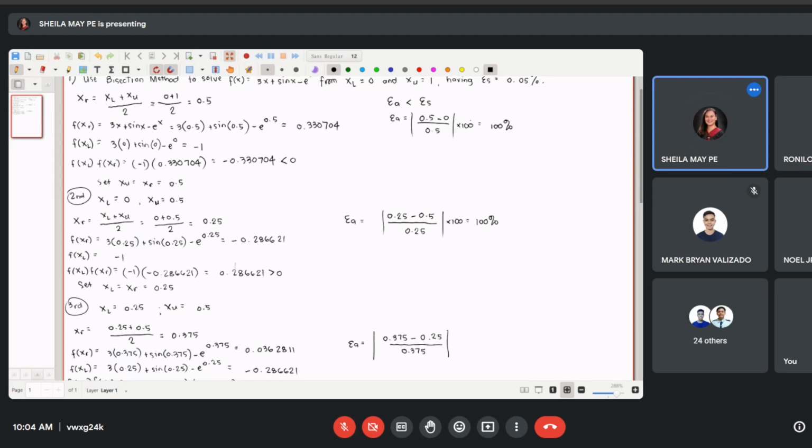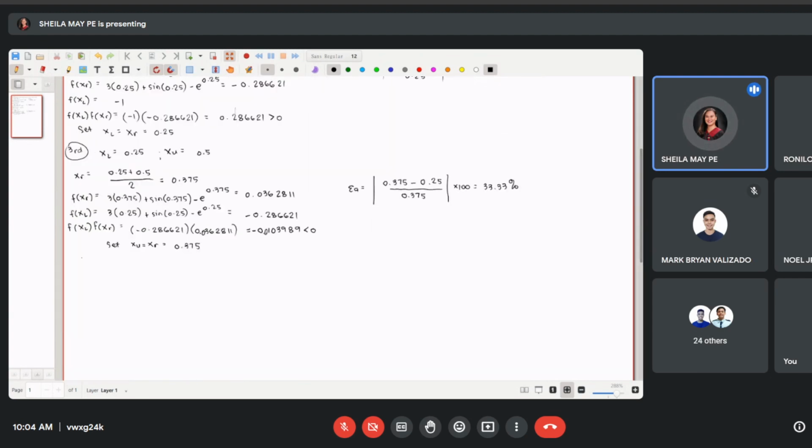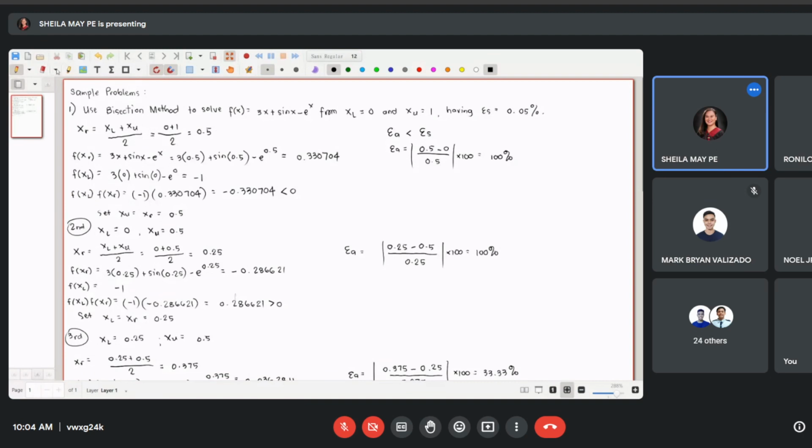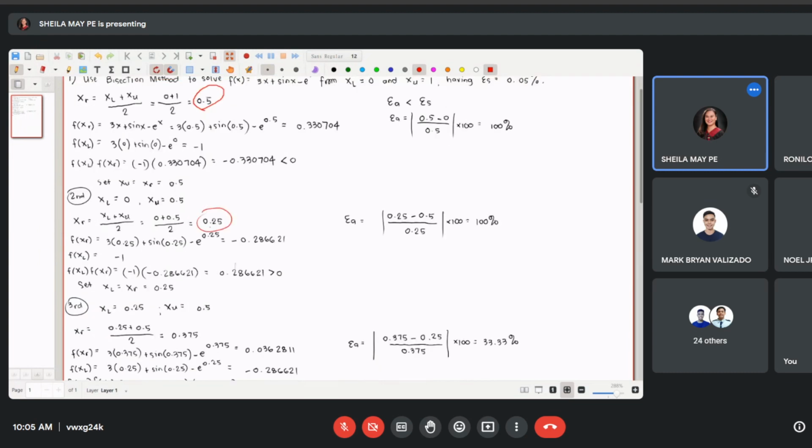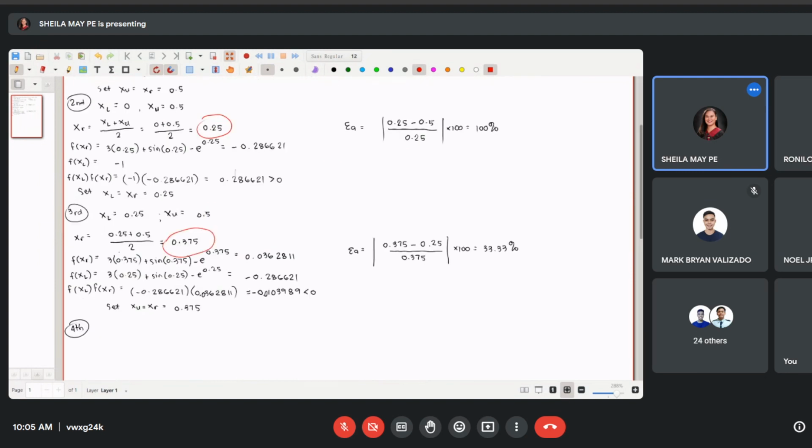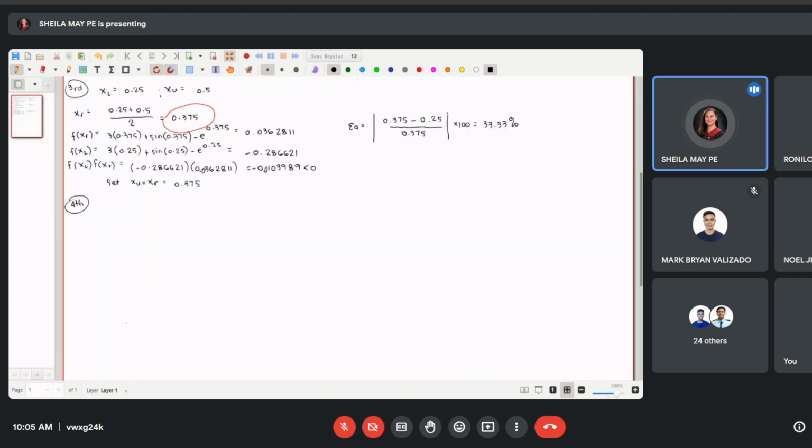So this would be 0.375 minus 33%. So we need to still do for the fourth.